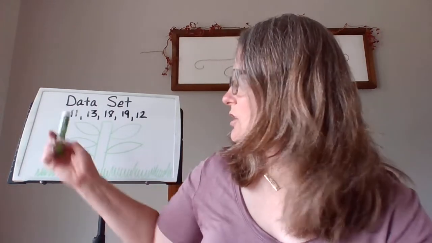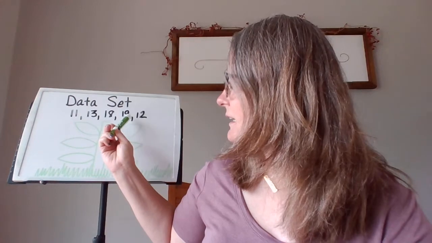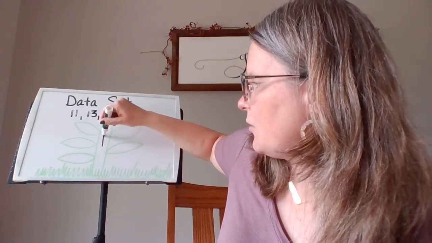So in our situation with 11, 13, 18, 19, and 12, our stem is going to represent our tens. And so the number that's in our tens category is 1. So I'm going to write a 1 right there on my stem.